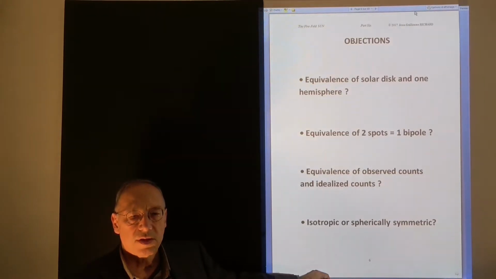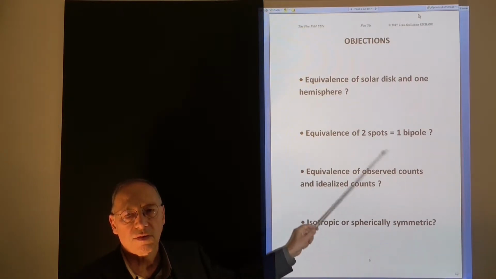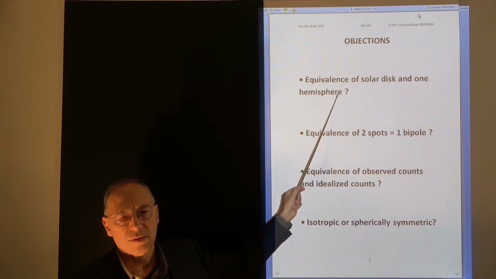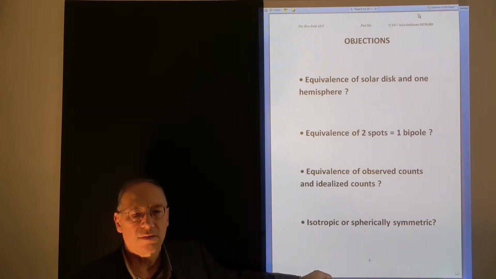A few objections can now be considered. First of all, is it correct to propose an equivalence of the number of spots or B-poles seen on the solar disk with the numbers seen on one north or south hemisphere? Of course, physically it is not correct. The western hemisphere cannot be subsumed under a north or a south hemisphere, obviously.